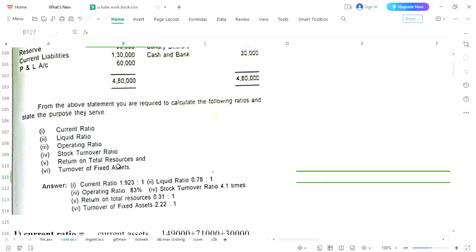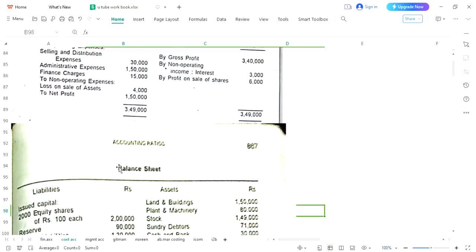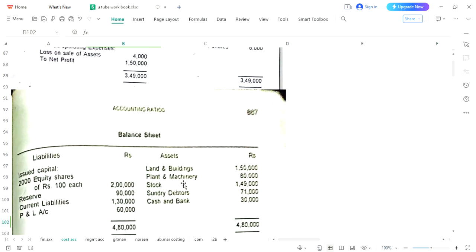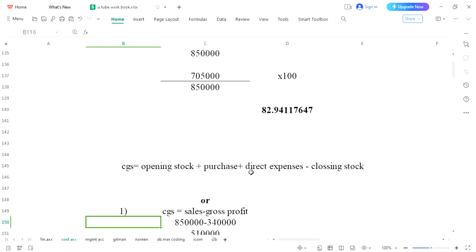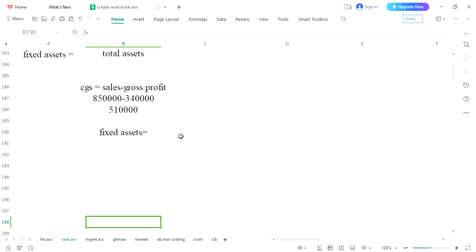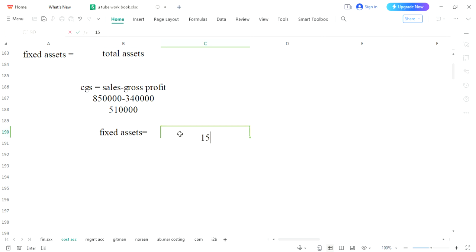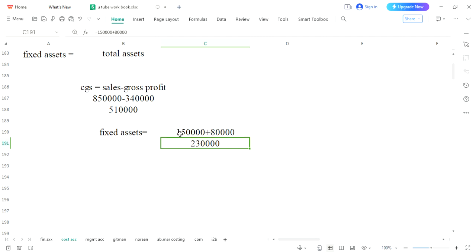Alright guys, let's see how many fixed assets we have. Look, it is so simple. These three were current assets, remaining two are fixed. And we know that land and plant both are fixed assets, 150 and 80. So here fixed assets are 150 and 80. Let's calculate it.